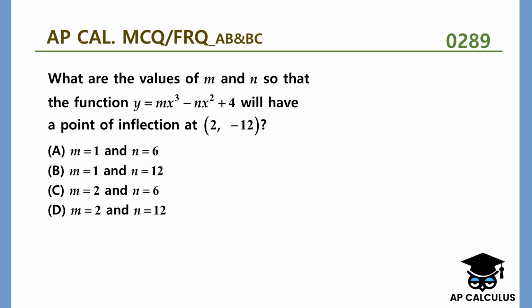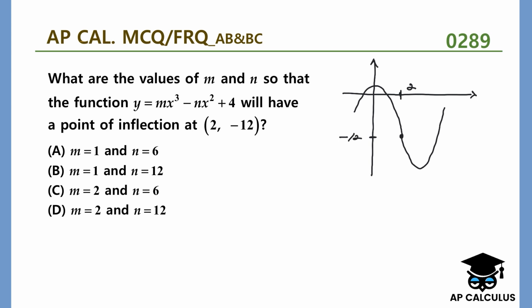If we graph this function roughly, let's say here's the x-axis, here's the y-axis, and at 2, -12, let's say this is -12, here we have a point of inflection, and this is a polynomial function, right? So it'll be like concave down, concave up, roughly something like this. This is our POI, point of inflection.